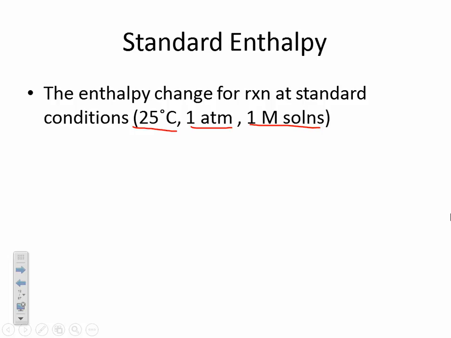Now, I mention this because you're likely to see this symbol pop up, delta H, and then something that looks like a little degree sign. It's not a degree, and the way we read that is not. So I would read that as delta H naught. So it's not N-O-T, it's not something you tie in your shoelaces, it's not N-A-U-G-H-T.